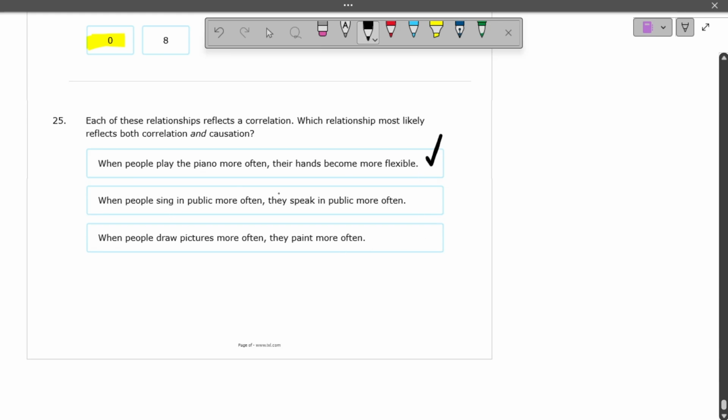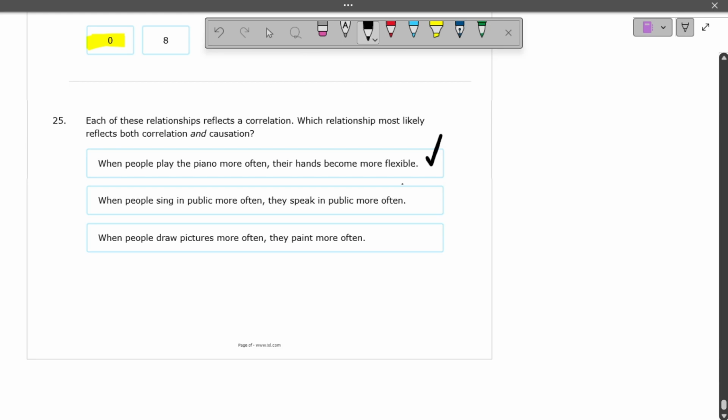When people sing in public more often, they speak in public more often. Maybe the more you sing in front of a crowd, you might also talk in front of a crowd more, but just because someone sings in public more often does not directly mean that they're also going to be speaking in public more often. They might be related, but they don't directly affect one another. Similar to when people draw pictures more often, they paint more often.